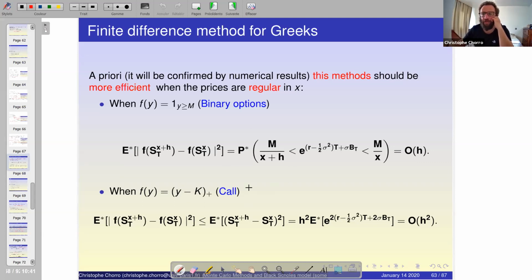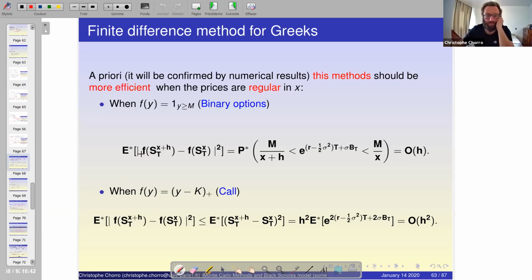So you can drop this slide in a first approximation, but just take into account that if I want to approximate the Greeks by delta, by a finite difference scheme, the more regular capital F is in the initial condition, the more efficient my methodology will be.